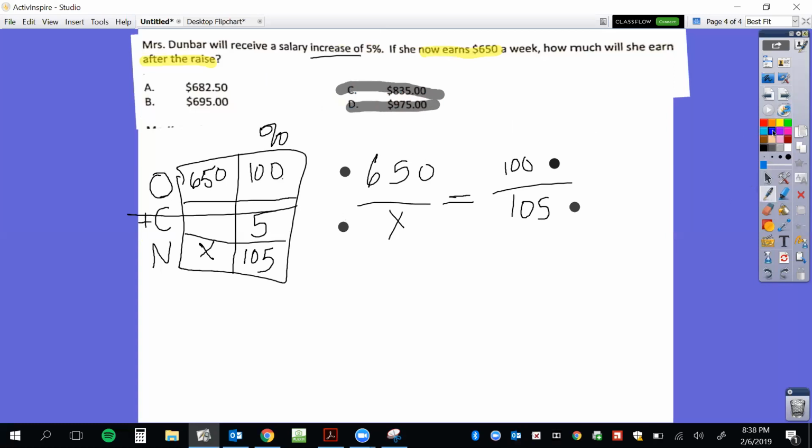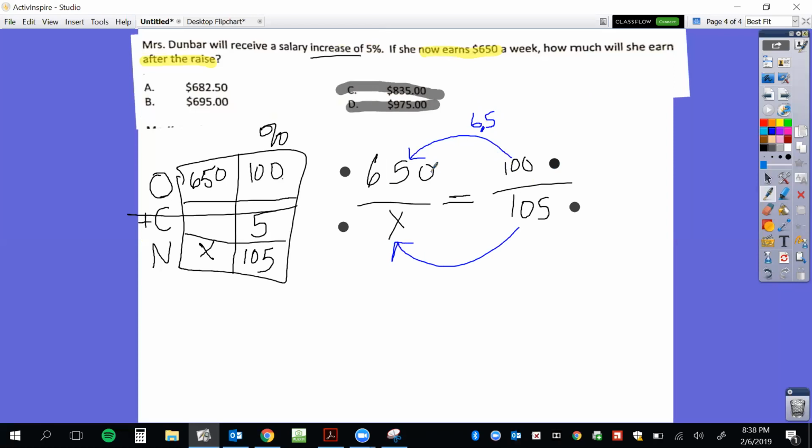So using this, always go toward your X, so I'm heading to the left. Well, I can take 100 and multiply it. I've got a 1, so I know it's going to be a 6 and a 5. And I know 100 times 6 is 600, so I need 6.5 to give me 650.